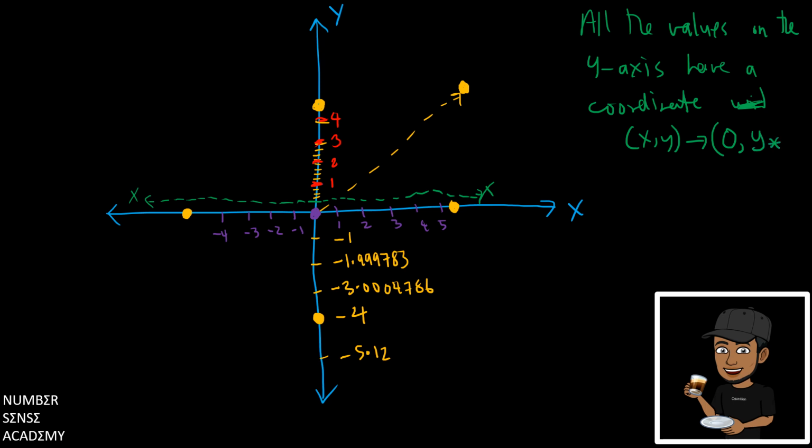I'm going to put y star to mean that it could be any value of y. But the x value is always going to be 0 if it's sitting on the y-axis.